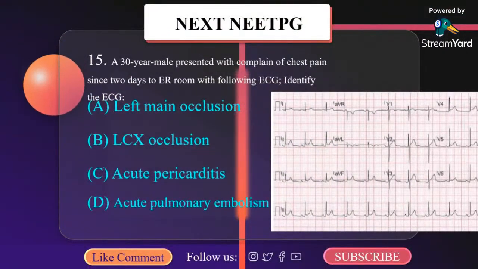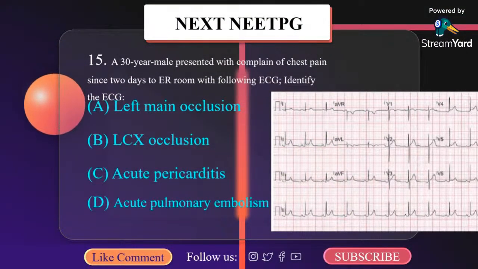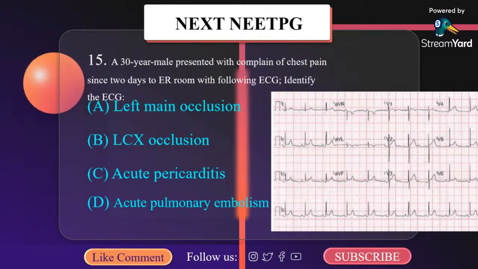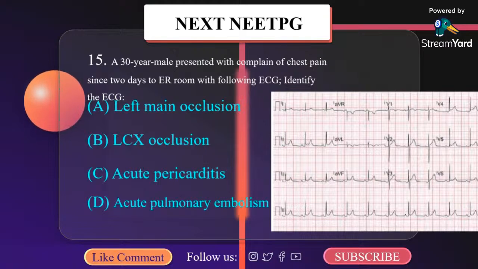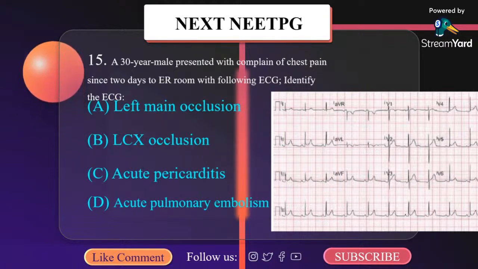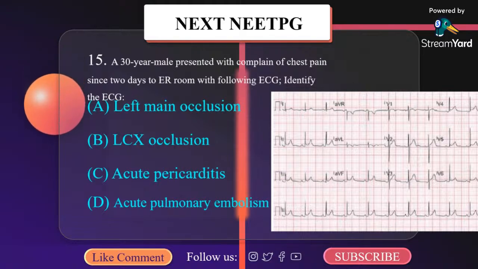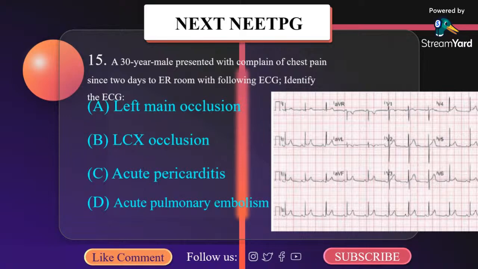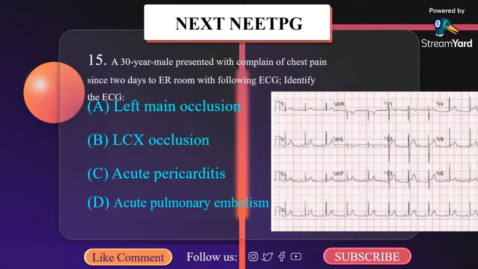A 30-year-old male presents to the emergency room with complaint of chest pain since 2 days, with the following ECG. Identify the ECG. A. Left main occlusion. B. LCX occlusion. C. Acute pericarditis.